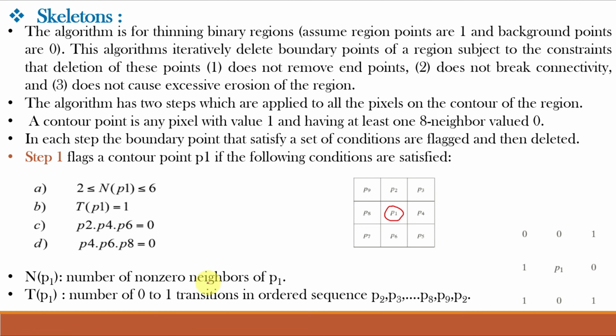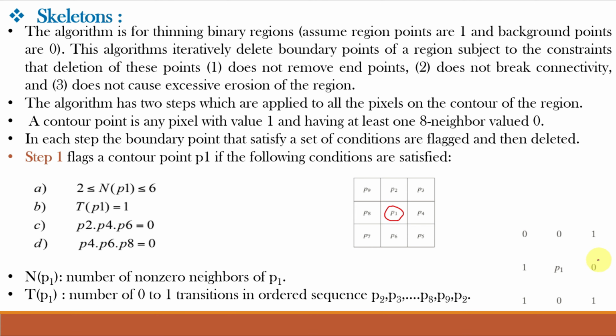The number of non-zero neighbors of P1 should be in between 2 to 6. So here the non-zero neighbors are 1, 2, 3 and 4. So 4 is in between 2 to 6, so condition A is satisfied. Condition B says that the number of 0 to 1 transitions should be exactly equal to 1. So here the number of 0 to 1 transitions is 1. This is going from 0 to 1.